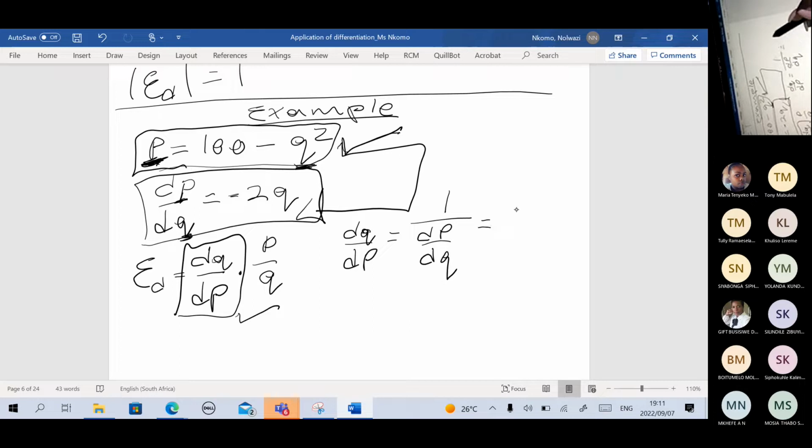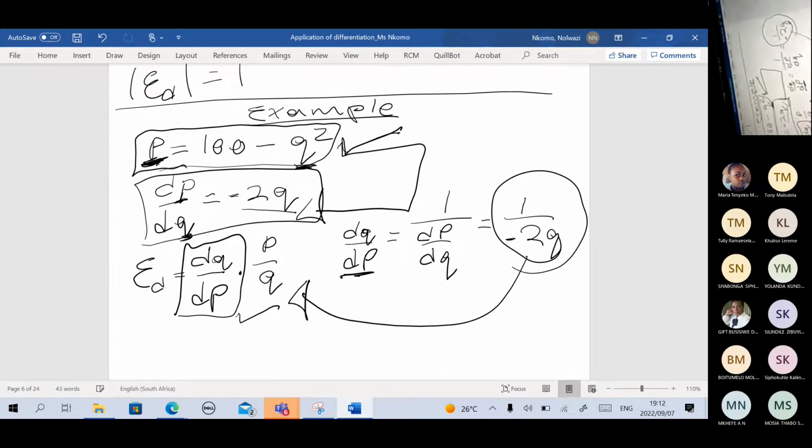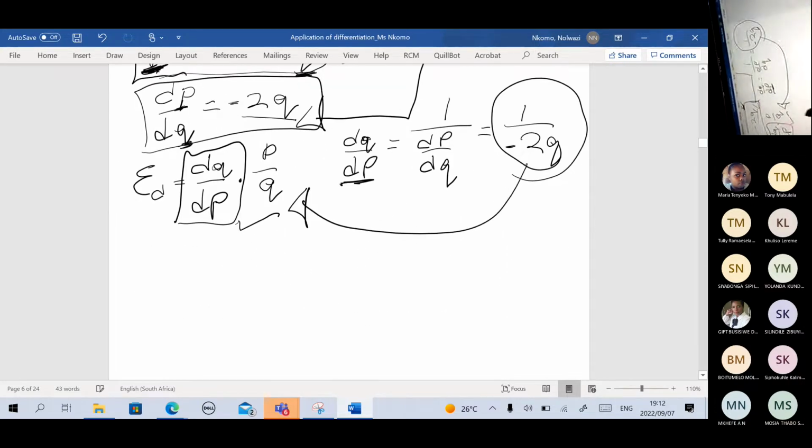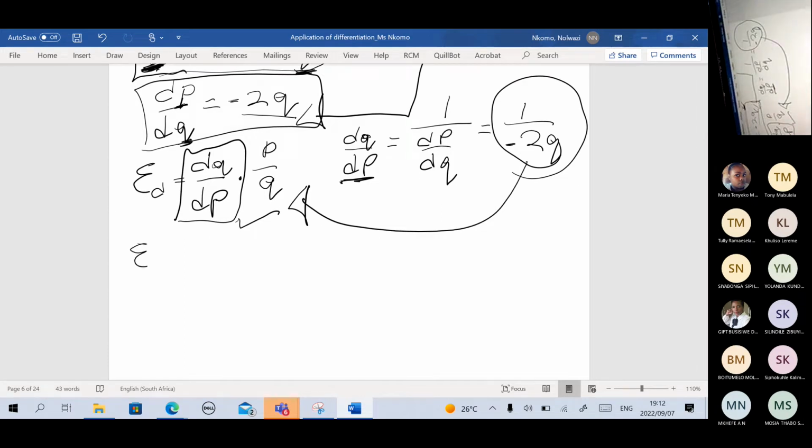This means we have 1 over minus 2Q. Since we now have this, we can substitute it back into the equation, so that our elasticity of demand would be minus 1 over 2Q times P over Q. If we simplify this, we have minus P over 2Q squared.